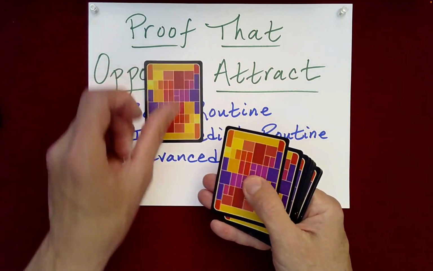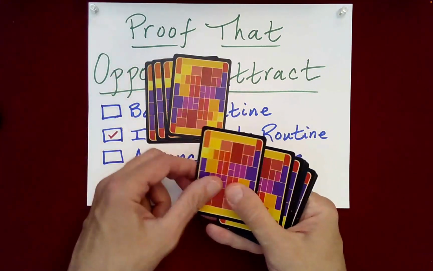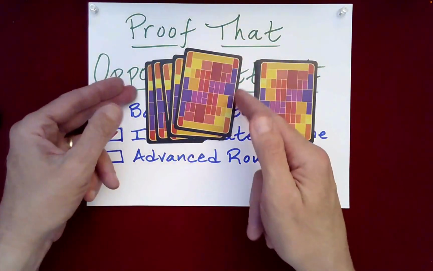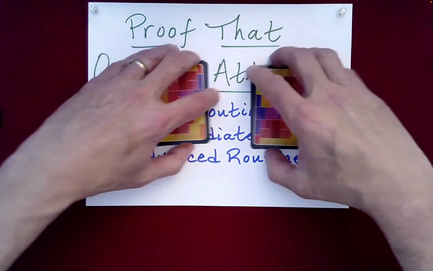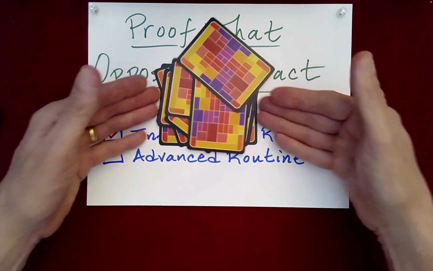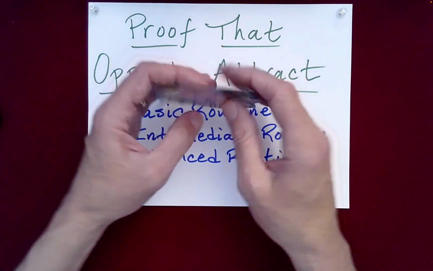Now we're going to ask the spectator to tell us when to stop dealing. Maybe they'll say stop there, and that's just fine. And now what we're going to do is perform a rosette shuffle. You just spin those, bring those together however they will. Okay, so it's a bit of a mess actually.